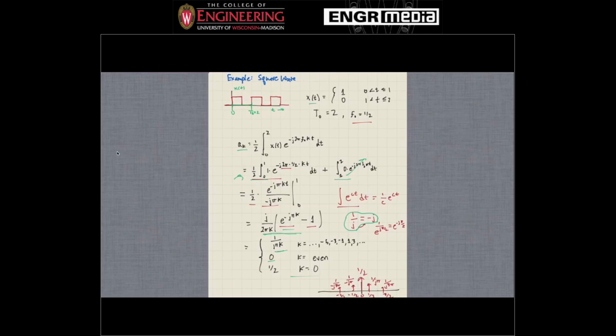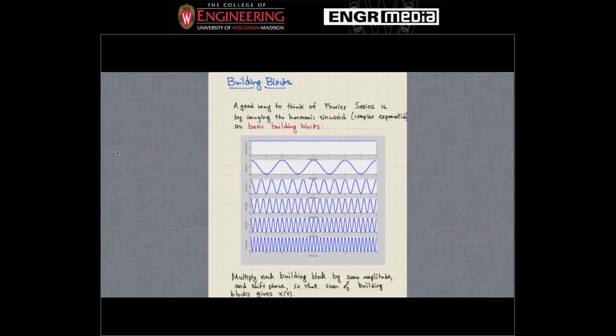So this is how we would come up with the spectrum of the square wave. Then we denote more dots here to show that these continue on, that there's an infinite number of frequency components.